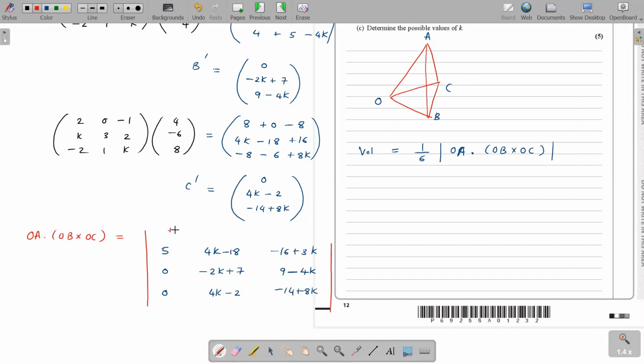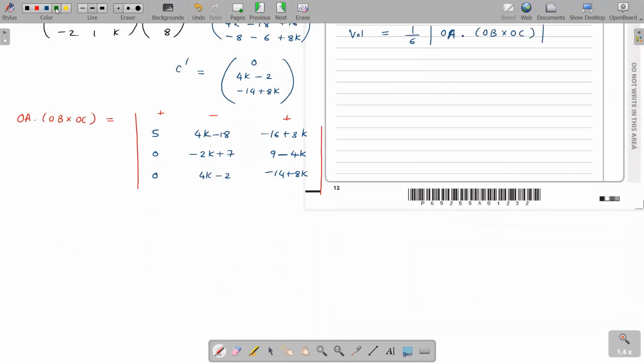So all you have to do is get the determinant that gives you the scalar triple product. So we get here what? 5 times, remove the row and column, minus 2k plus 7, 4k minus 2, 9 minus 4k, minus 14 plus 8k.